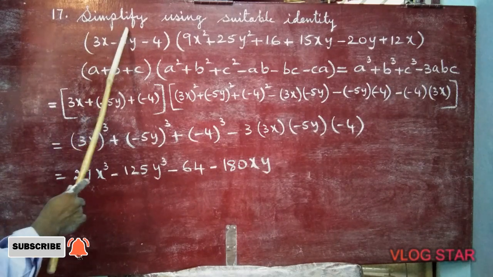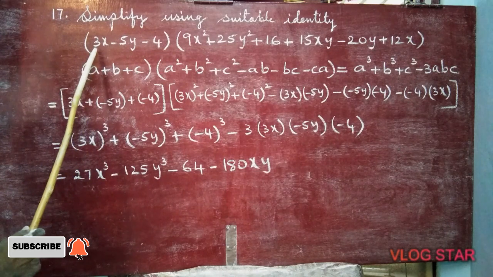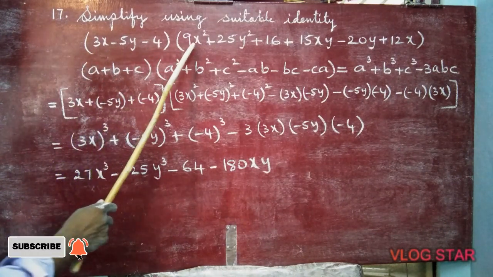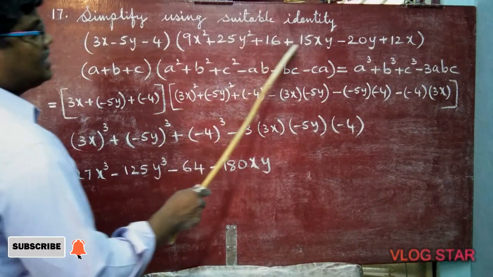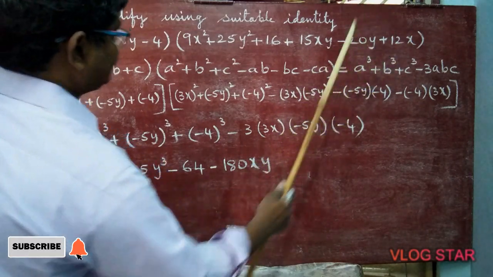17th problem. Simplify using suitable identity. They have given (3x minus 5y minus 4) into (9x square plus 25y square plus 16 plus 15xy minus 20y plus 12x).